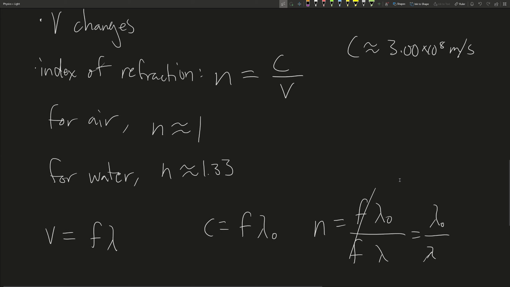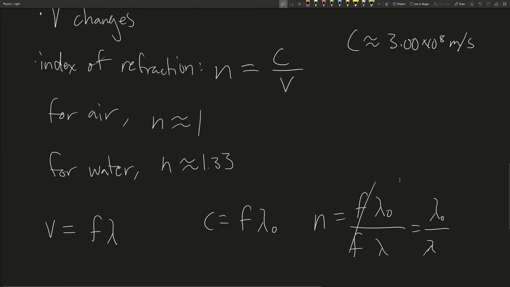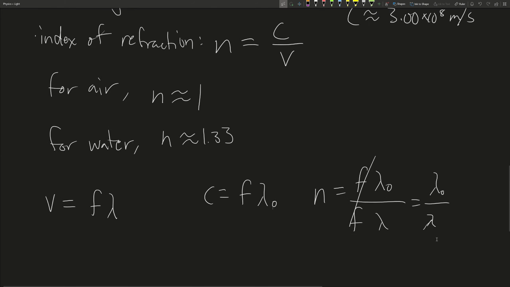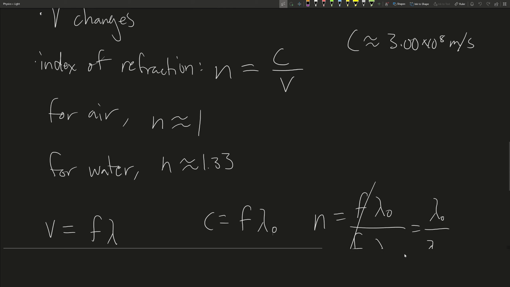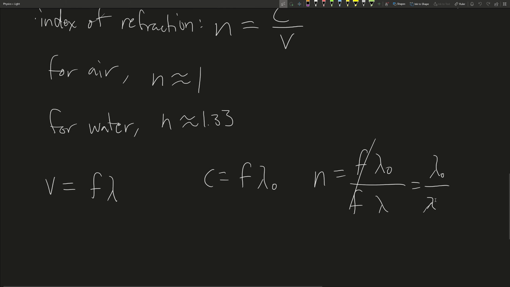And that makes sense because if frequency stays the same, then if velocity decreases, the wavelength of light will decrease. And so the wavelength of light in a material with an index of refraction greater than 1 is shorter than the wavelength of light in a vacuum of the same frequency.